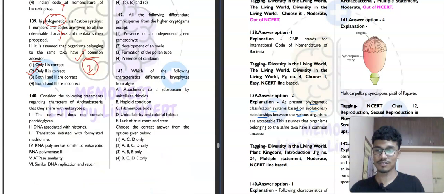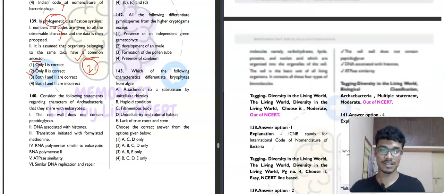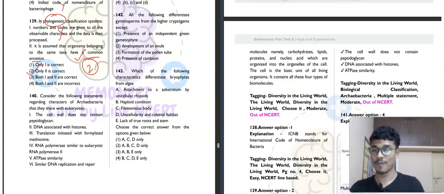Now we'll move to the next question, that is question number 140. It is saying, consider the following statements regarding the characters of archaebacteria that they share with eukaryotes. So what are the characters archaebacteria share with eukaryotes? First, the cell wall does not contain peptidoglycan.